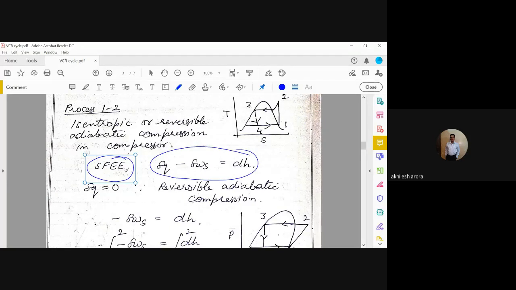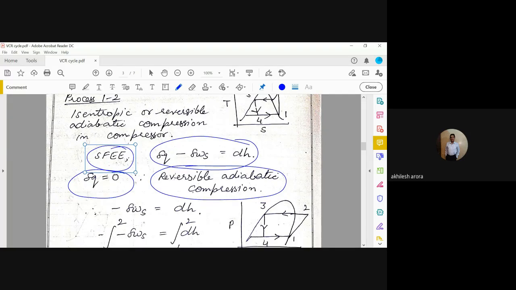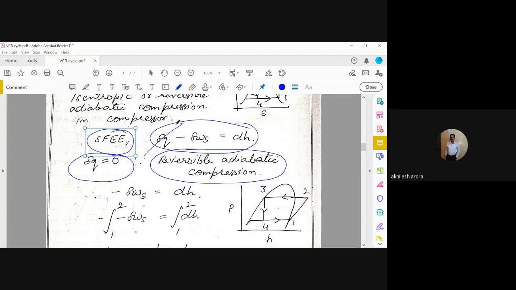Because it is isentropic or reversible adiabatic compression, delta Q will be equal to 0, since in an adiabatic compression there is no heat transfer to or from the system. So I keep delta Q as 0, and I am left with minus delta Ws is equal to dH.